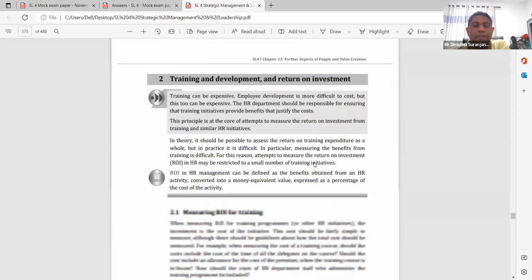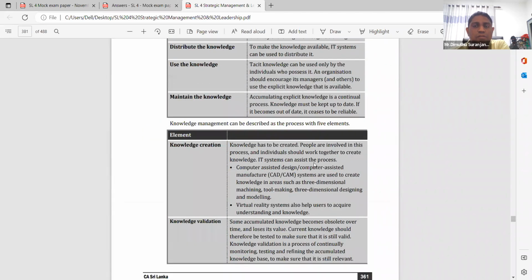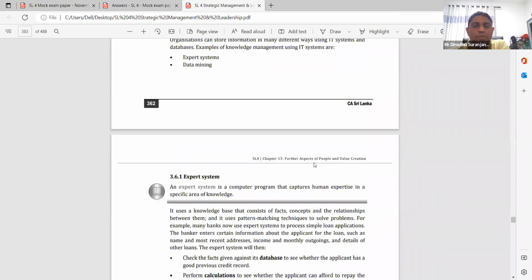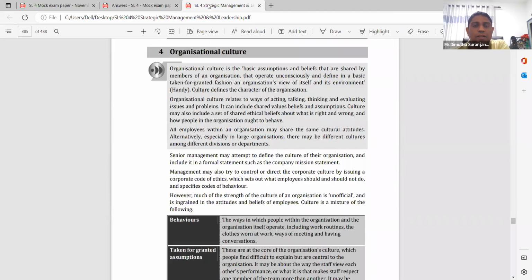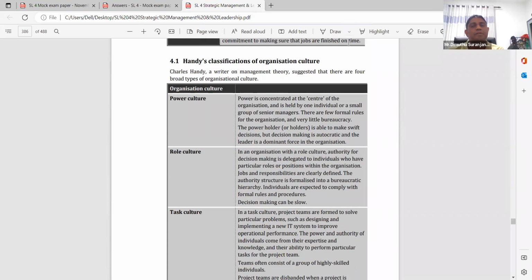Can someone help me? Power culture, role culture, task culture, person culture. So Handy has identified 4 different cultures an organization can have.